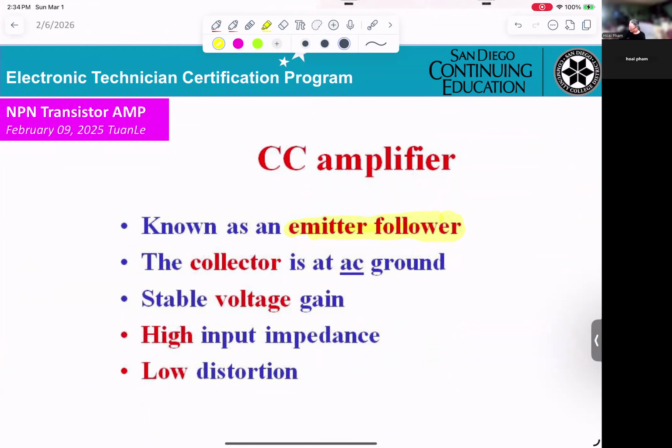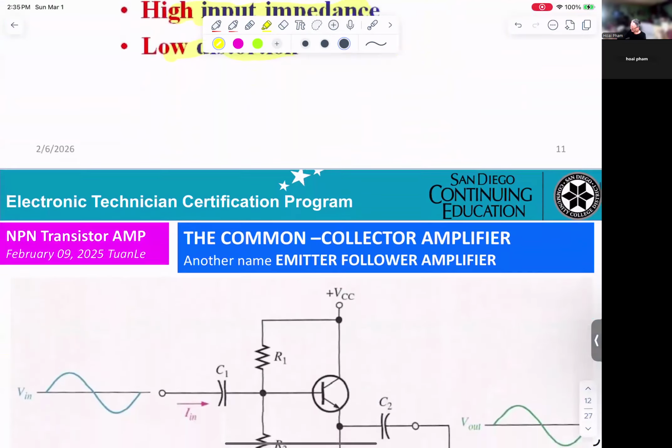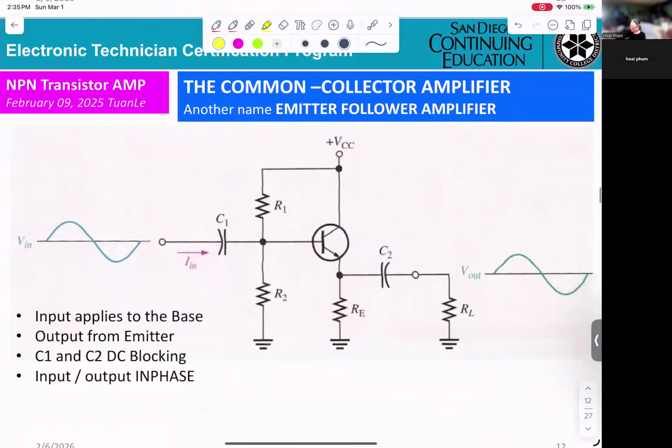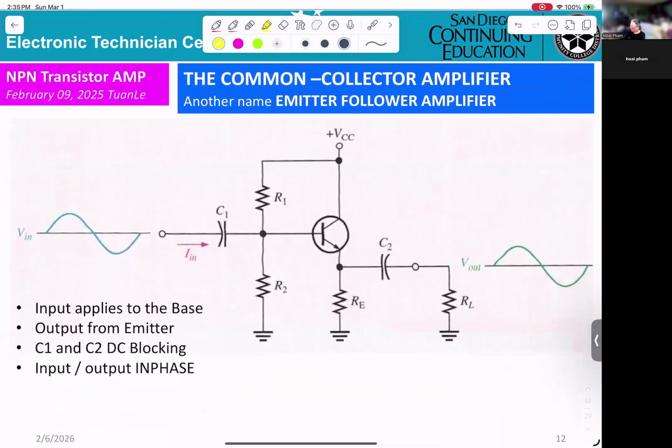The collector is at zero, stable voltage gain, high input impedance and low distortion. Now you can see this circuitry will be connected at common collector.